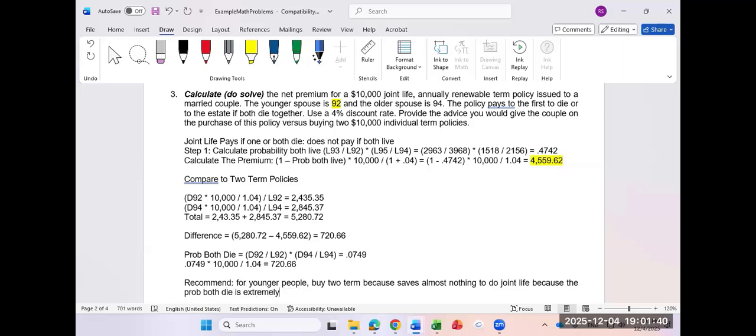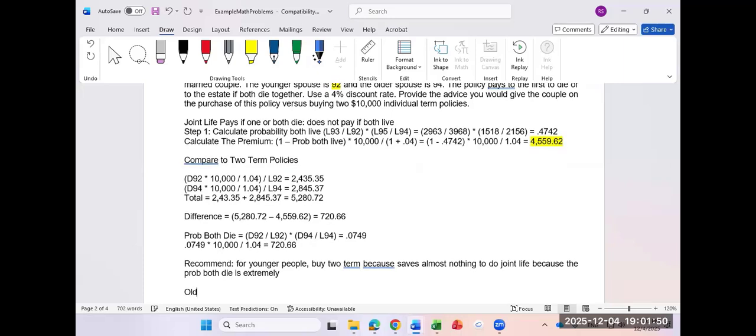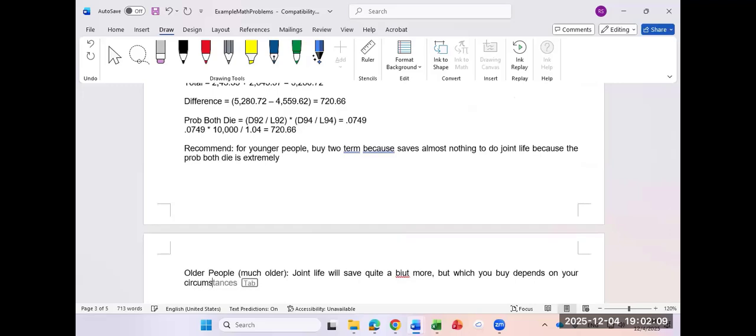So that's part of your answer, right? Young people, just buy two term policies. Joint life is going to save you like 3 cents a year or something. It's not worth it. For older people, much older, joint life will save quite a bit more, but which you buy depends on your circumstances.